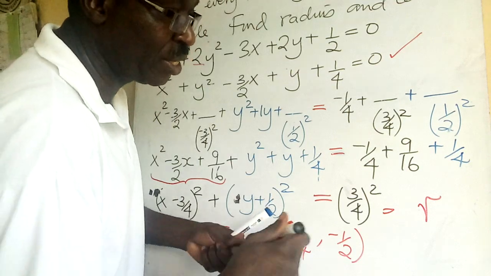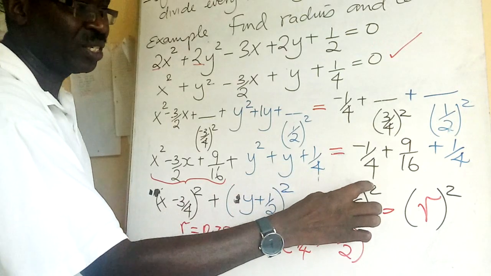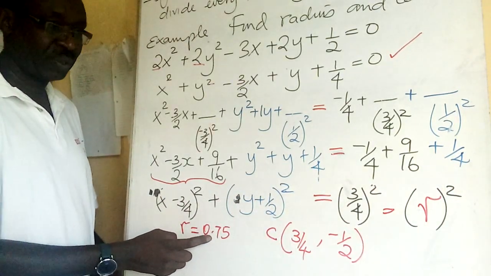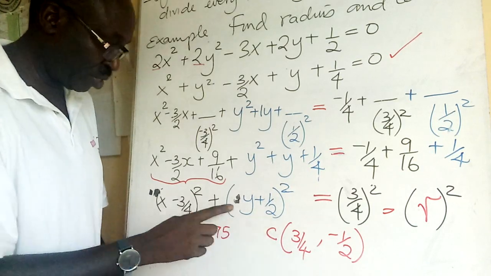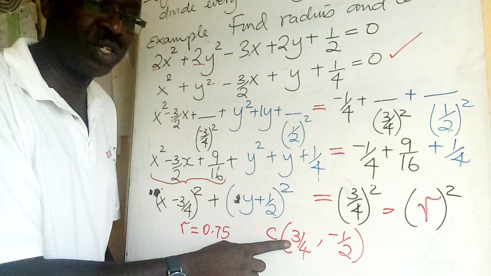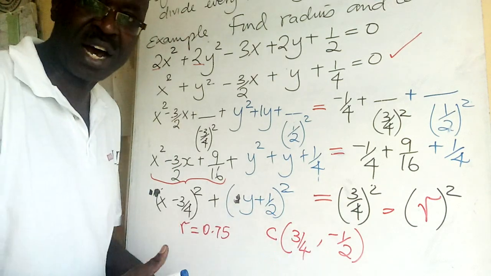That is how we write. So you can see this is a square, therefore this and this must be the same, which is this. The center, you take the opposite. This is negative 3 over 4, so it will be positive 3 over 4. This is plus a half, minus a half.